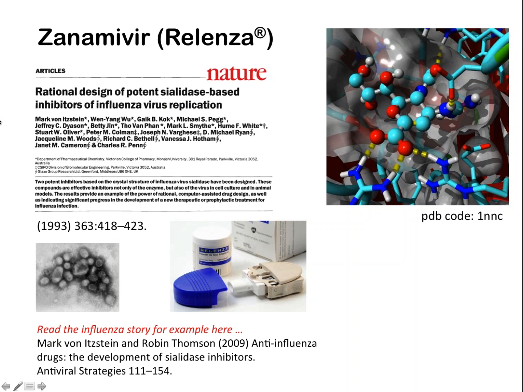Probably the most well-known is Zanamivir, with the market name Relenza, and that was essentially the keystone in the design of glycomimetics. This is how it all started. Mark von Itzstein and his group at Monash University in Australia probably did the first rational design of a carbohydrate drug.